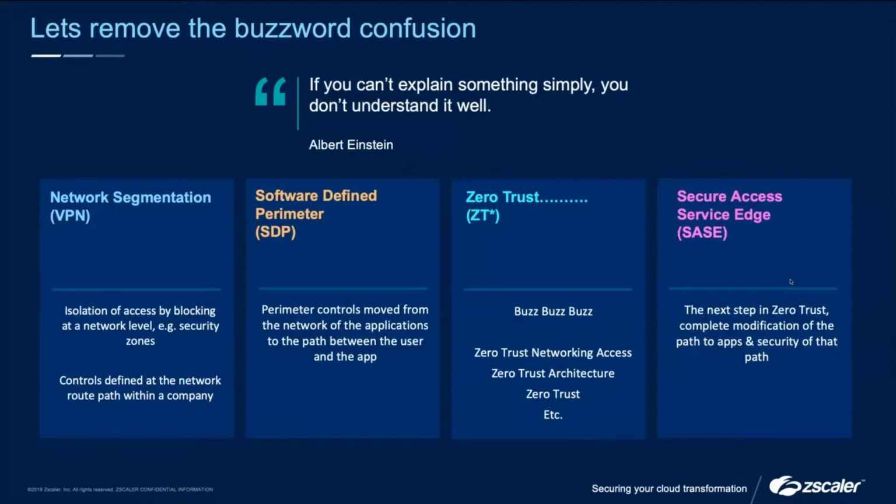There are a number of terminologies I'm going to be using, things like VPNs and how we utilize those through network segmentation and isolation. The next generation of this was called software-defined perimeter. So that's where we've started doing some isolation around access and essentially moving the protection perimeter closer to the client. And then moving into the next evolution, which is the idea of zero trust. And this is the buzziest of buzzwords that are out there right now.